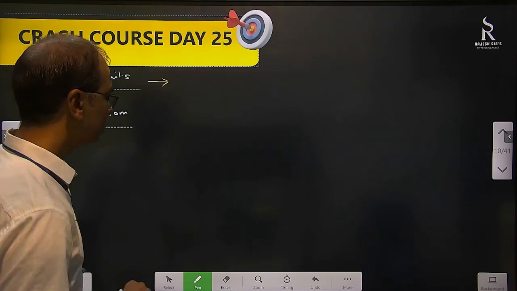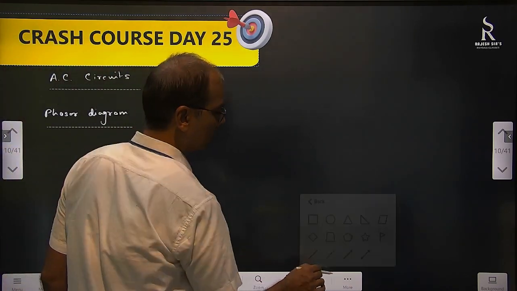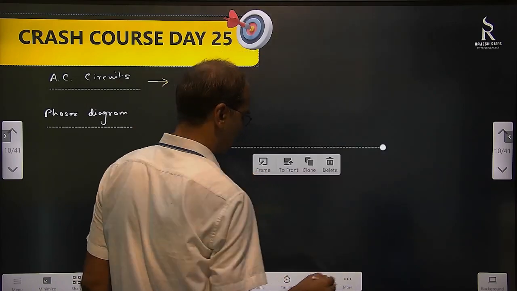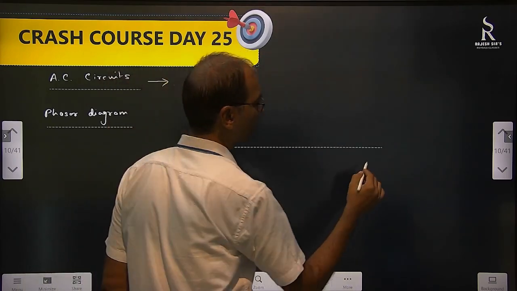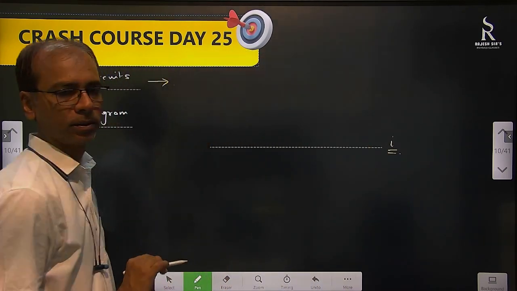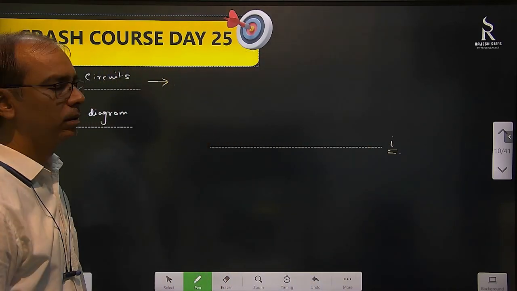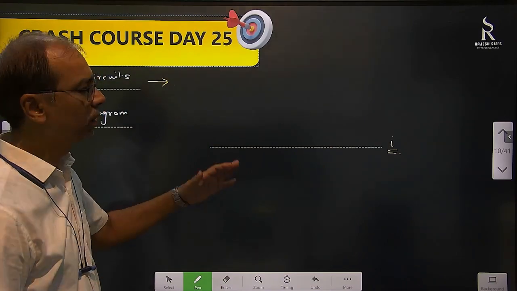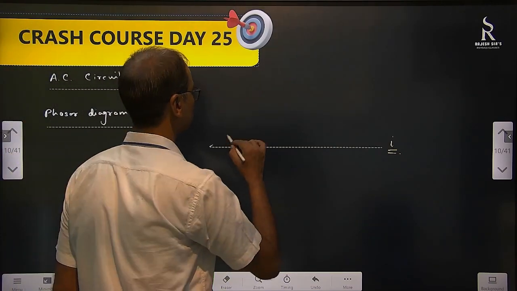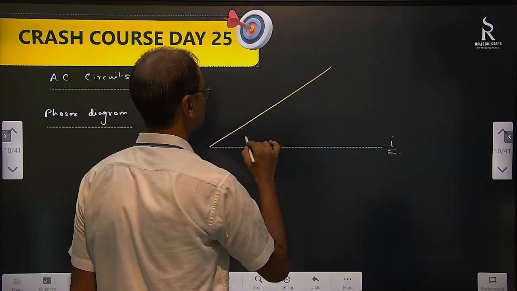Okay. So what we do? We make the graph here. Now current, we always take it along the x-axis. Always along the x-axis. And we will be making phase with that. Some phase difference we will make. Suppose V is over here. So this is theta.